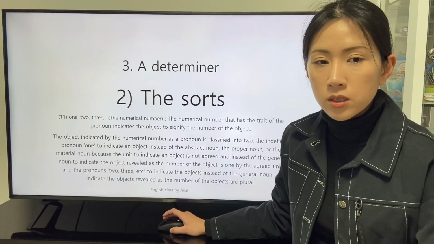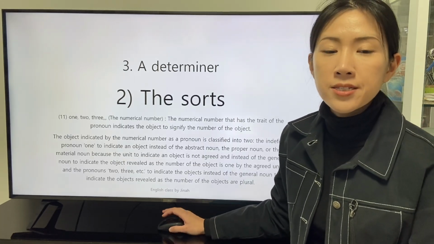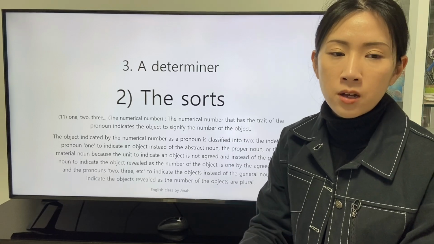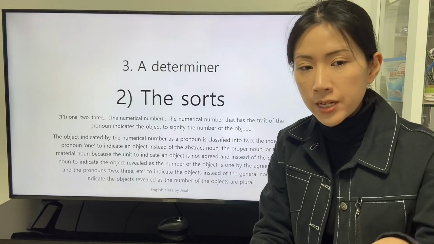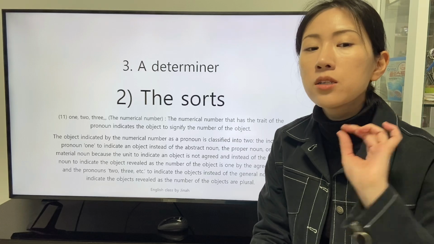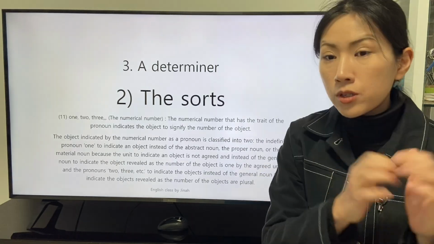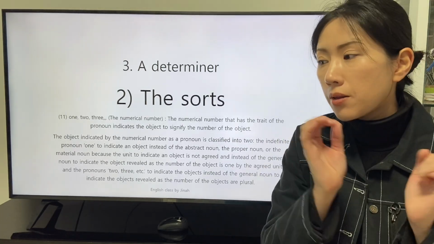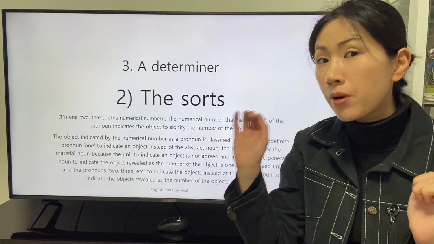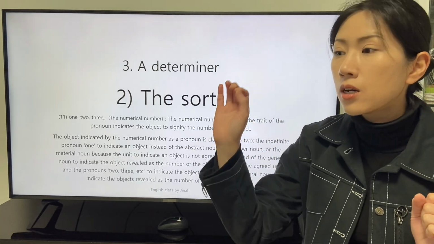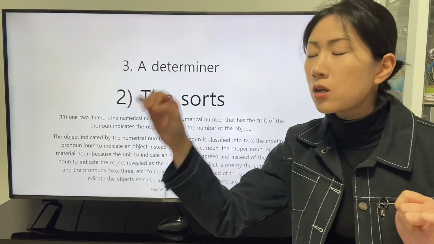The numerical number that has the trait of the pronoun indicates the object to signify the number of the object. The numerical number that has the trait of the pronoun indicates the object with the number.